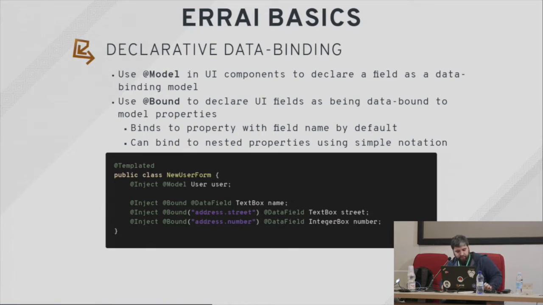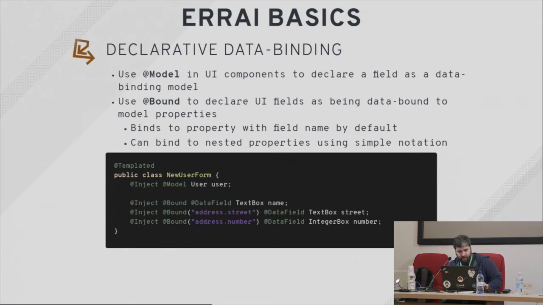When you use the model qualifier, Errai will satisfy that dependency with an instance of your model that is proxied for data binding. And then in that same type, you can declare UI components as bound to properties of the model with the bound annotation.